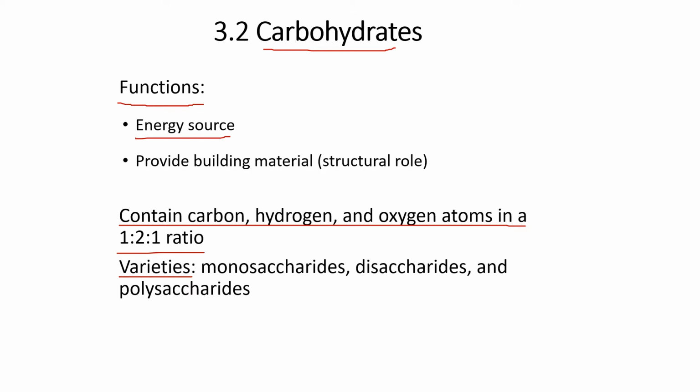As a matter of fact, your body is going to prefer to eat glucose, which is a specific carbohydrate. And they will use glucose to make ATP. And ATP is going to be the main energy molecule of the cell. We'll use ATP to do work within the cell.